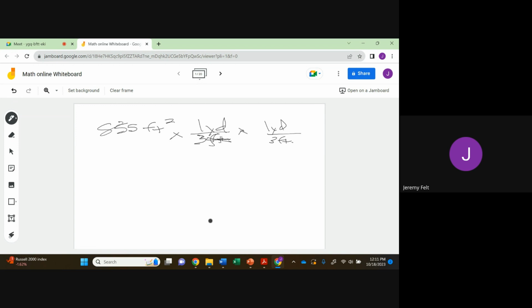So again, feet times feet would be square feet. So these feet times feet are going to cancel out the square feet right there. Then I'm left with 855 times 1 yard times 1 yard, which is 1 square yard. So this gives me 855 square yards, but then I still have a 3 here and a 3 here.